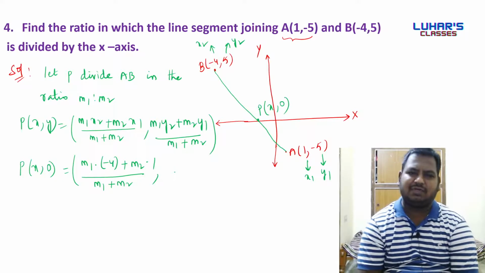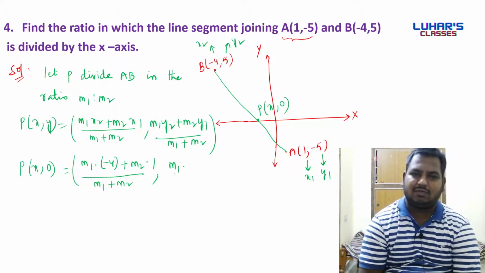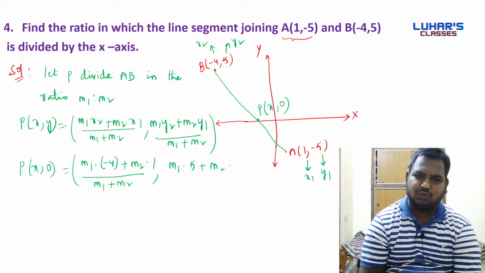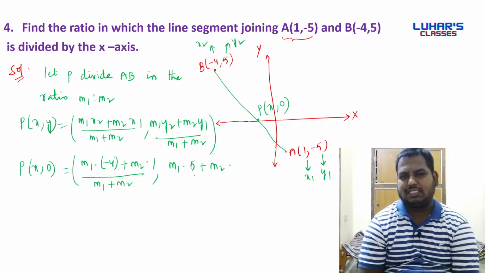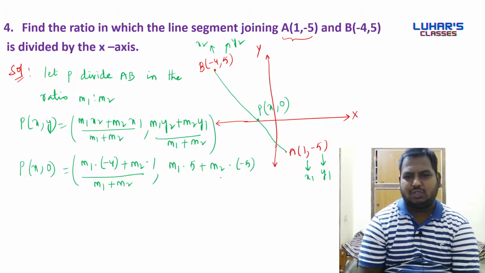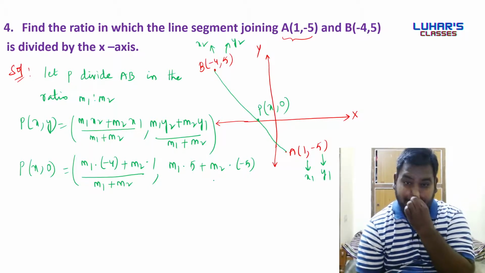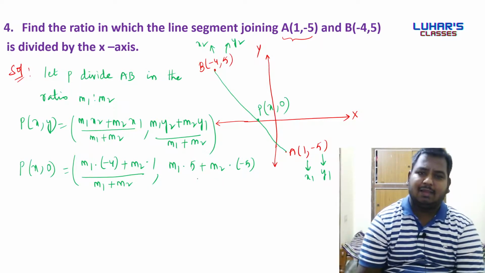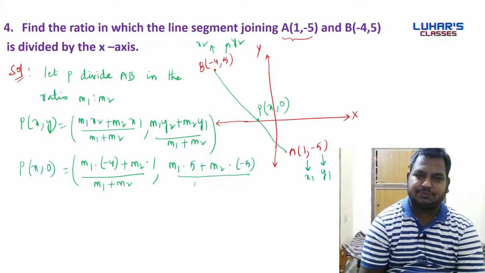Next, what is m1? m1 is m1. What is y2? y2 is 5. What is m2? m2 is m2. What is y1? y1 is minus 5. Yes, it's minus 5. So did we write correctly? Over m1 plus m2.